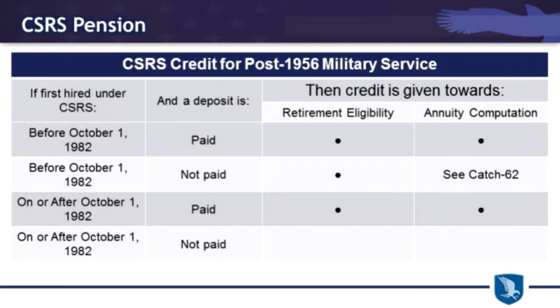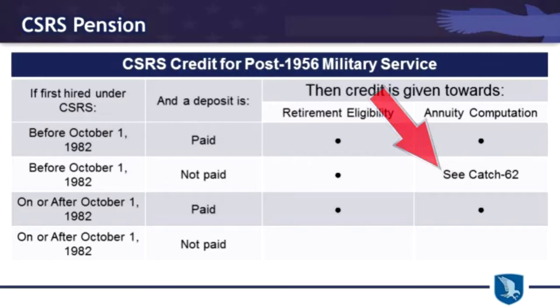The third part of service history that we find as an issue that may affect your annuity computation is post-1956 military service. If you were hired as a CSRS before October 1 of 1982 and you do not buy back your military time, you will fall under the Catch 62 provision that Brandon will address in just a moment.